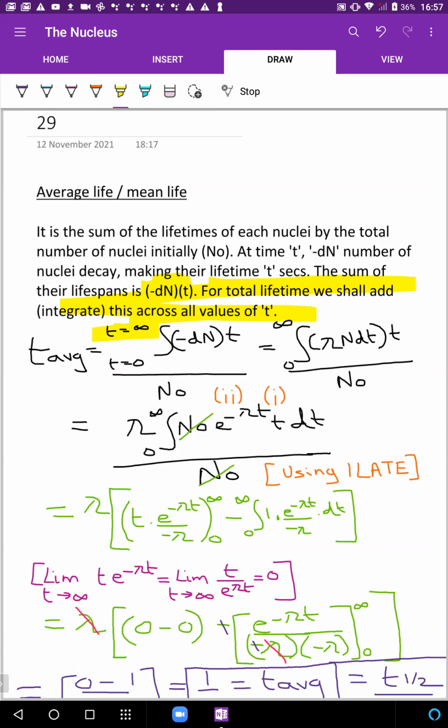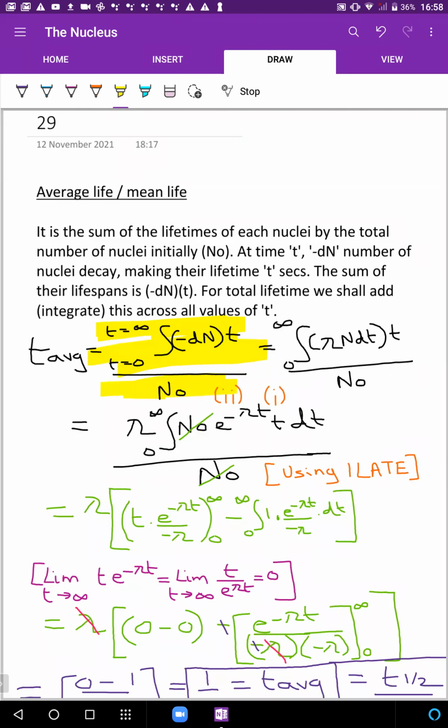The probability will be infinitesimally small, but still, statistically, there may be nuclei disintegrating very, very late. So I need to add this term minus dn into t for all possible lifespans, right? This is just the sum of lifespans for those decaying at t. So for every lifespan we add the sum of lifespans, and I get this term, which is the sum of all lifespans. This I need to divide by the number of nuclei initially.